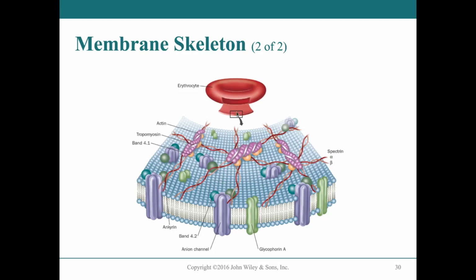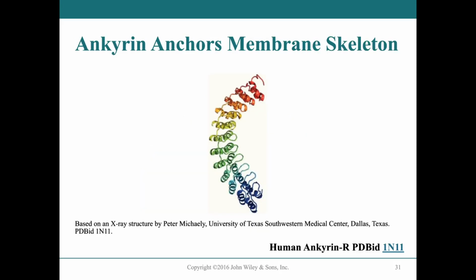If we look closely at this segment of the membrane of your erythrocyte, we will see these spectrins crisscrossing around this structure. So it serves as support to hold the shape of the cell together.